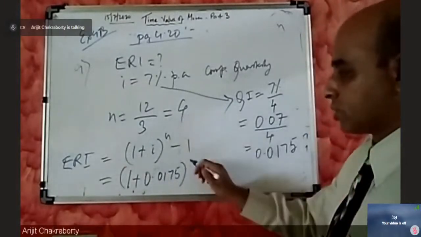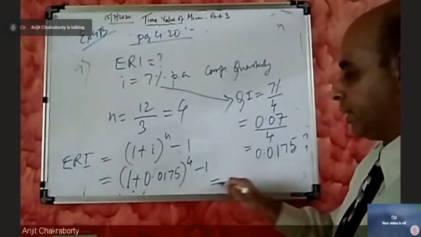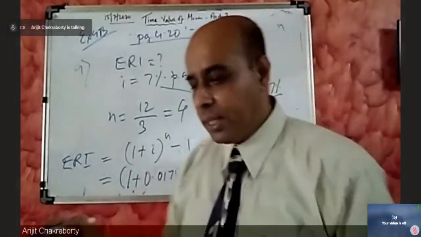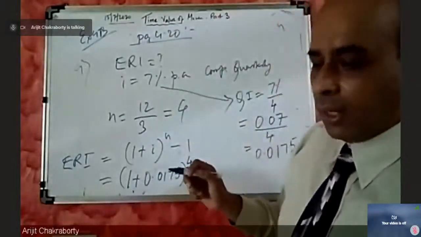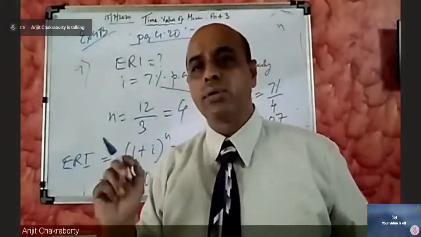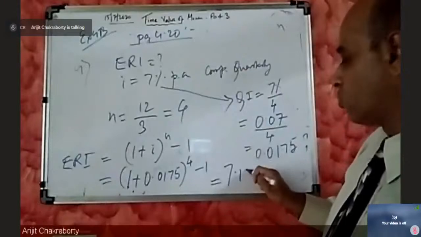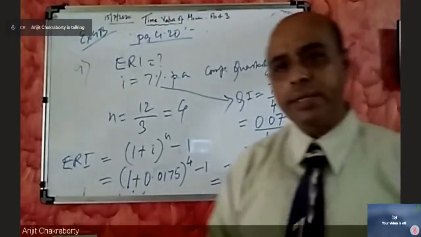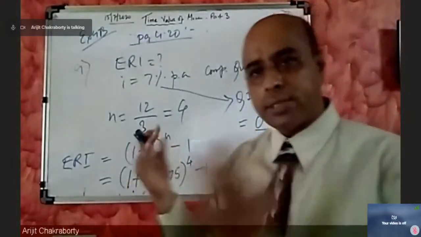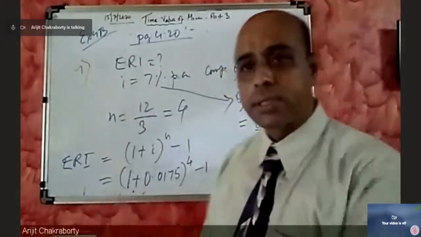N is 4. So to the power 4 minus 1. If you calculate and simplify this, you will be reaching a percentage of 7.19. 7.19%. Right? So this is as simple as it. And I hope this is now clear to you.